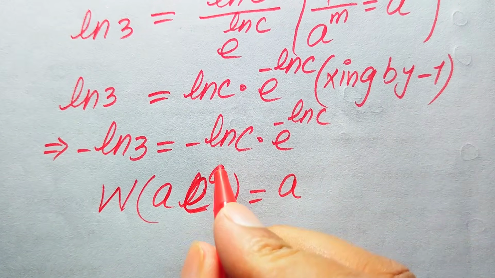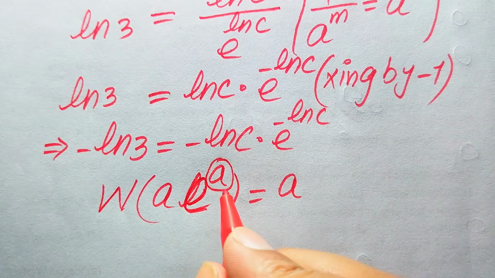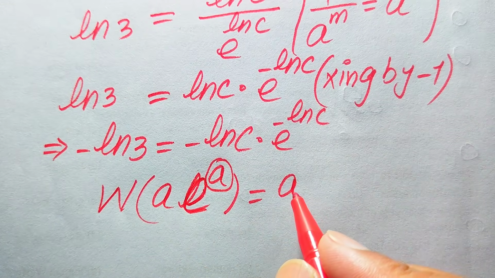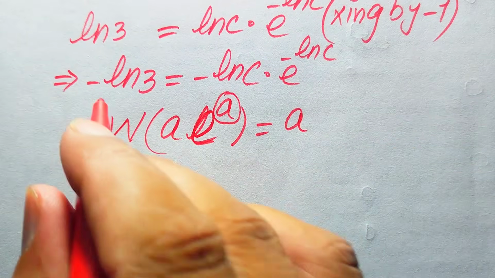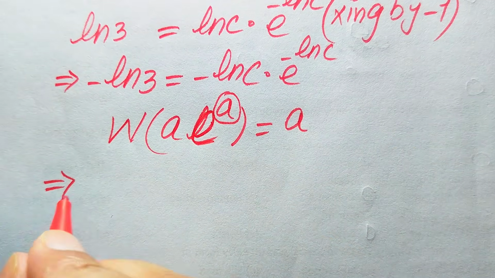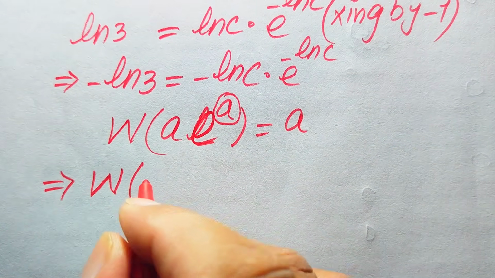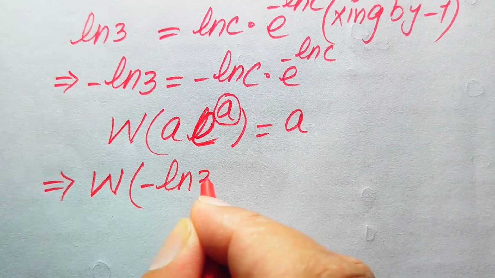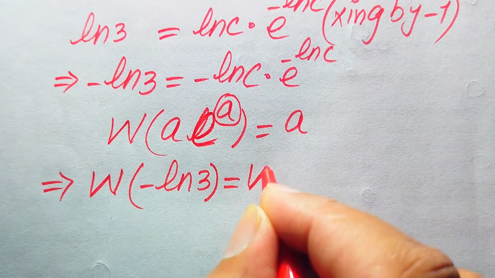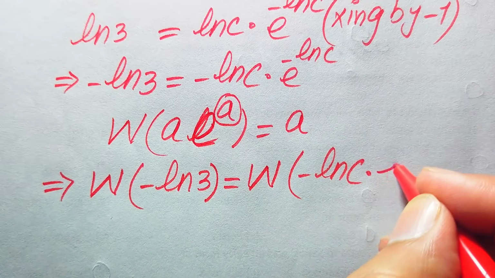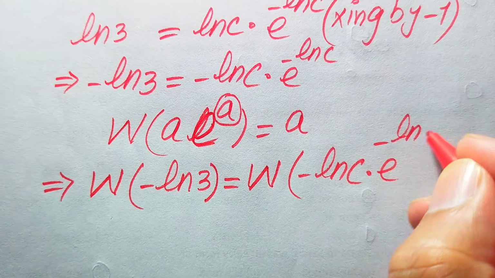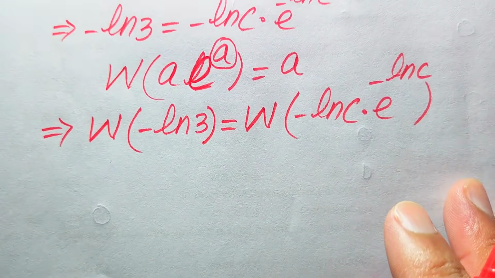So we use this Lambert W function on both sides of the above equation, and this will be written as W of minus log 3 equals W of minus log c times e to the power of minus log c.